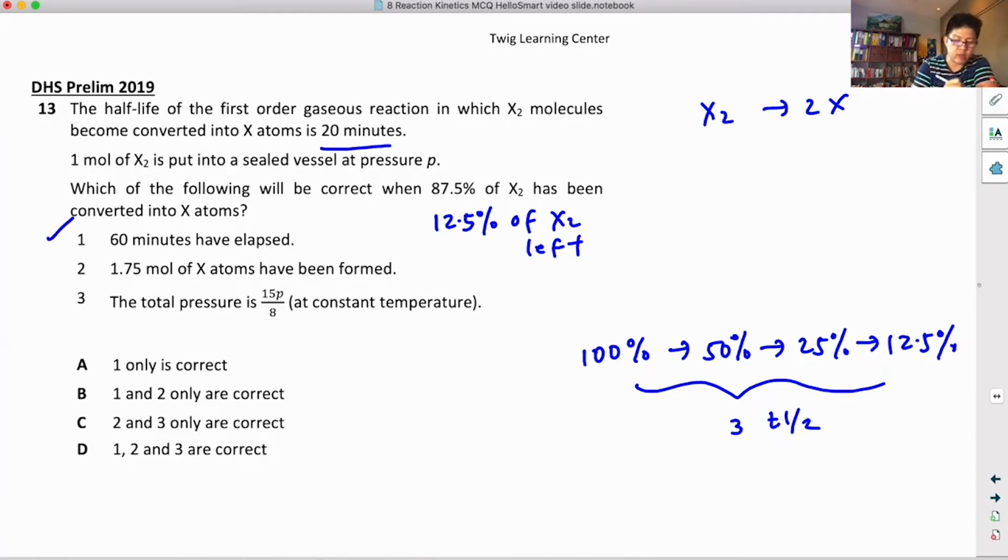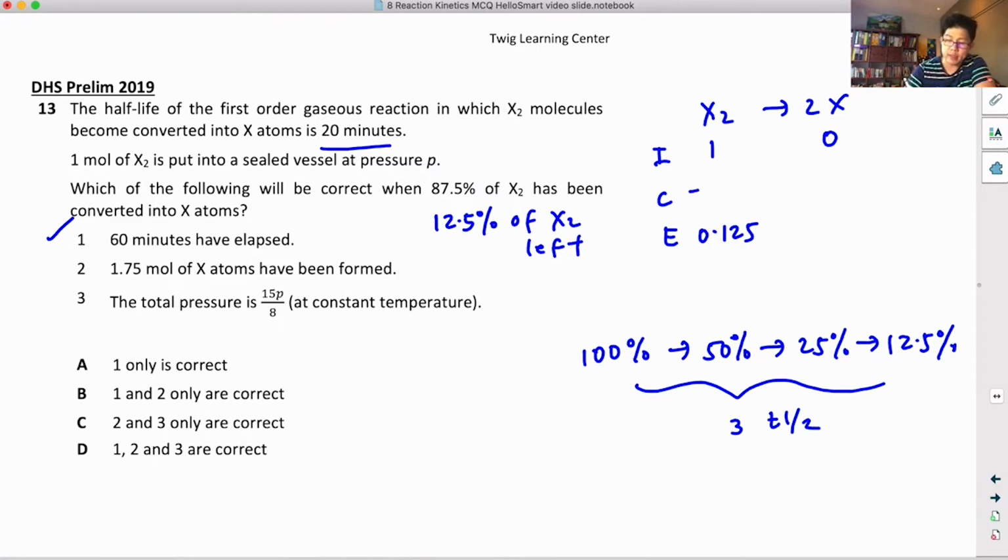So this is definitely correct. Next, 1.75 moles of X atoms have been formed. Let's check if it is correct. So this is ICE. Initially 1, 0. In the end, since you have 12.5% left, we put 0.125 moles left, because you started with 1.